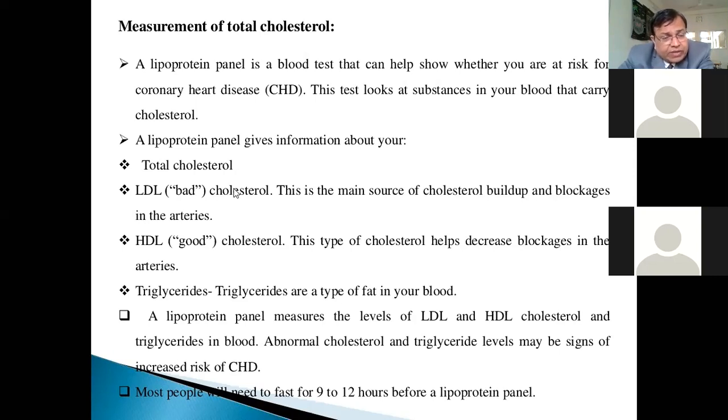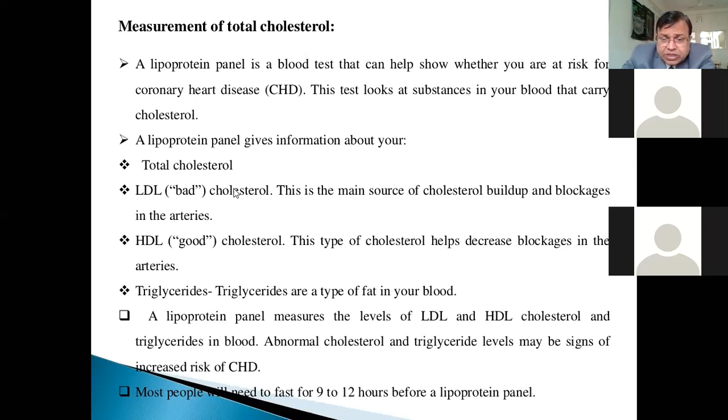So your LDL value must be low, and HDL cholesterol, that is high density lipoprotein, is called good cholesterol. This type of cholesterol helps to decrease blockage in the arteries. Triglycerides are a type of fat in your blood.